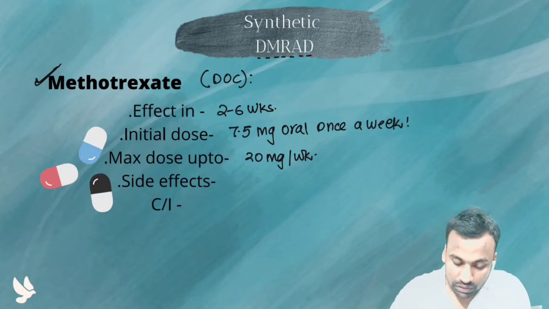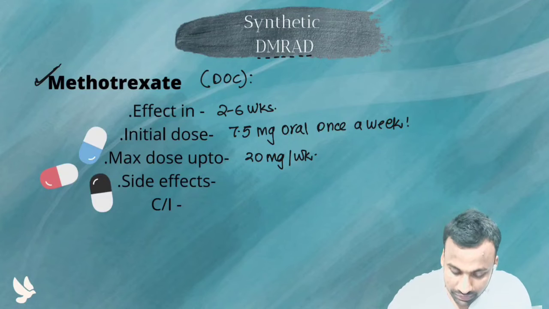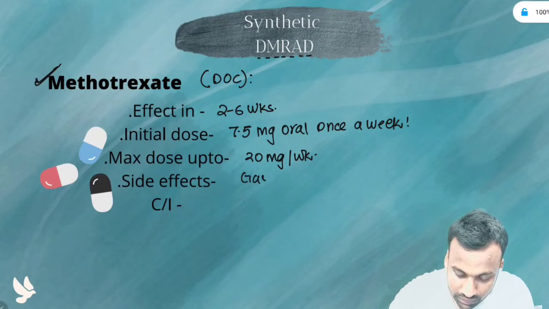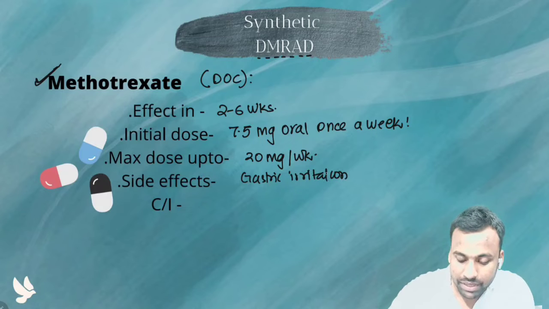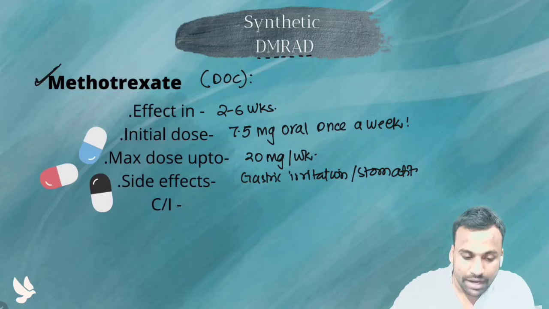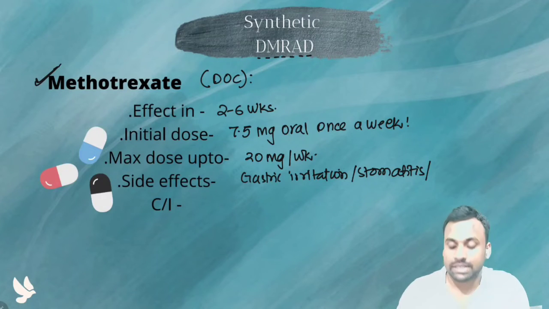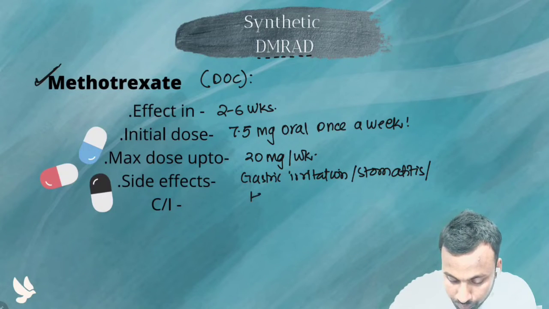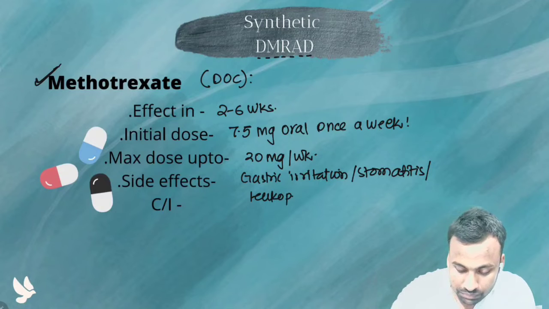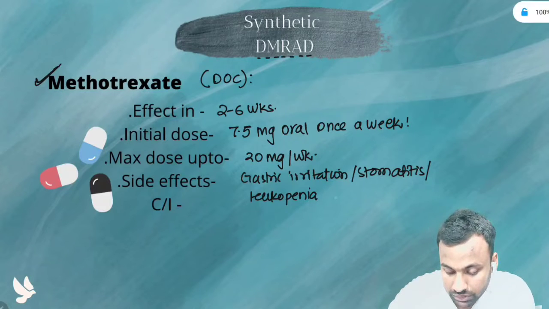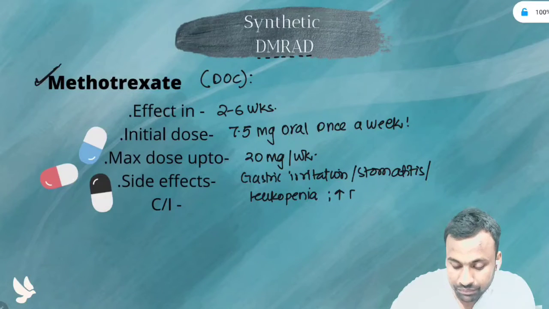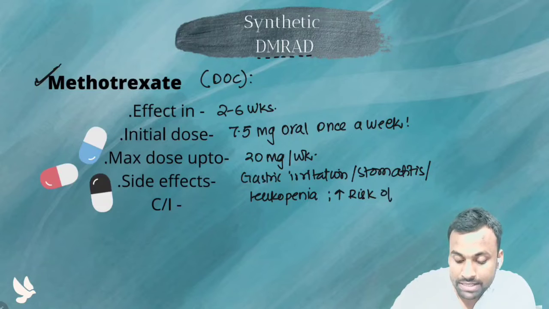the patient having gastric problems, like gastric irritation. The person may have stomatitis, and the patient may also have a leukopenic problem. Mainly cytopenia may be seen due to this, and there will also be an increased risk of pancytopenia.